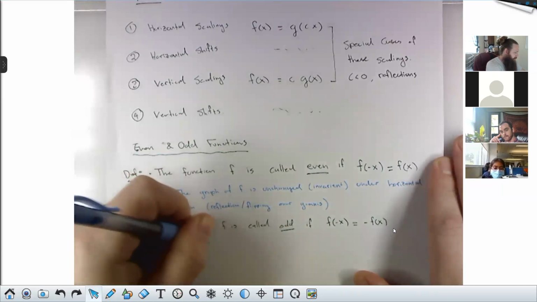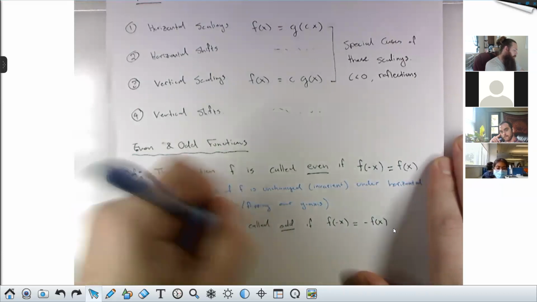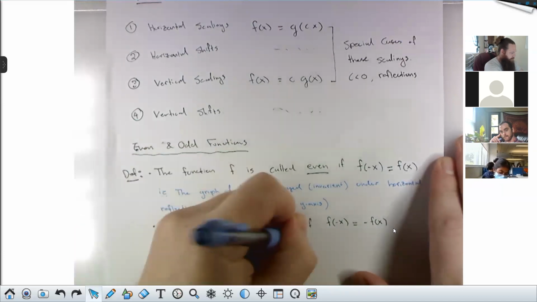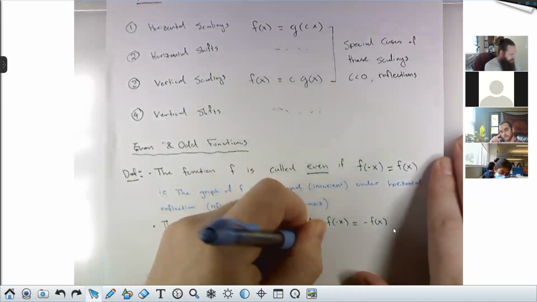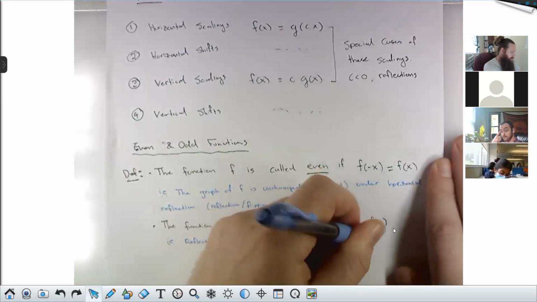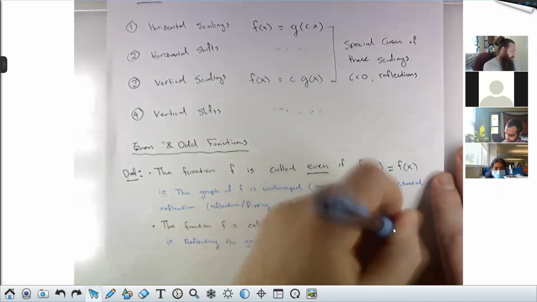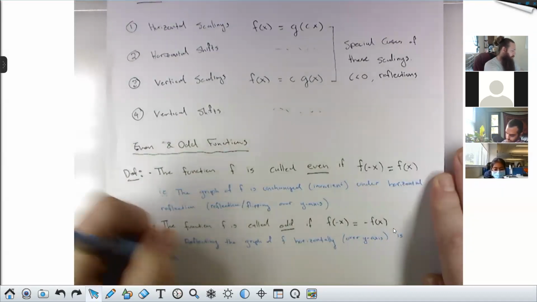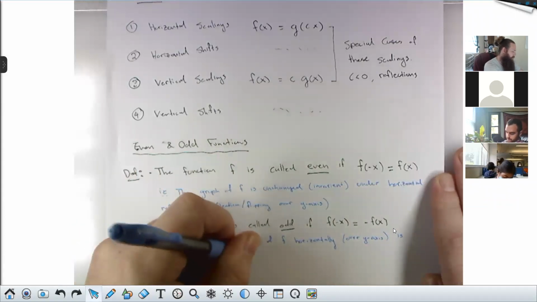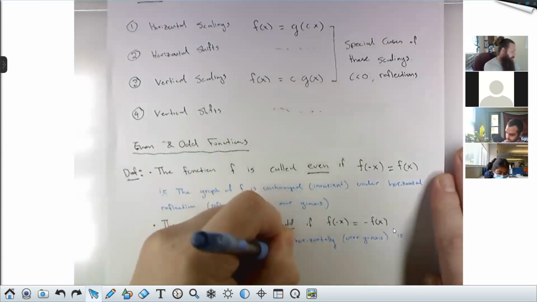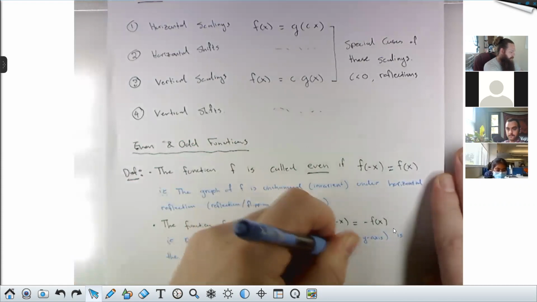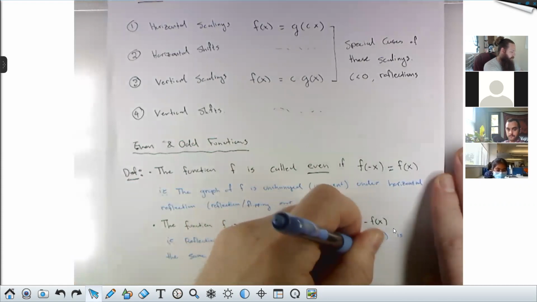This says reflecting the graph of f horizontally, or over the y-axis, is the same as reflecting vertically, which is over the x-axis.